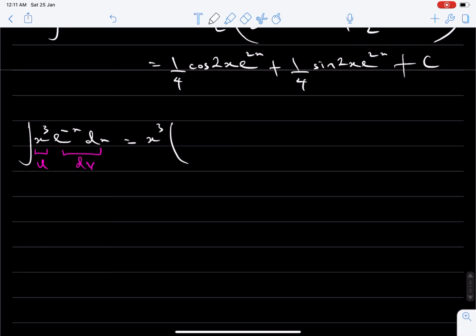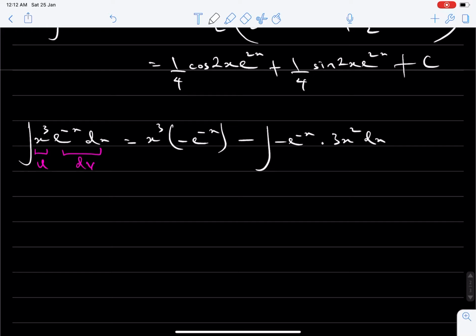V is the integral of dv. That's the integral of e raised to power minus x, which is minus e raised to power minus x, minus the integral of v, which is minus e raised to power minus x du. If u is x cubed, then du will be 3x squared dx.